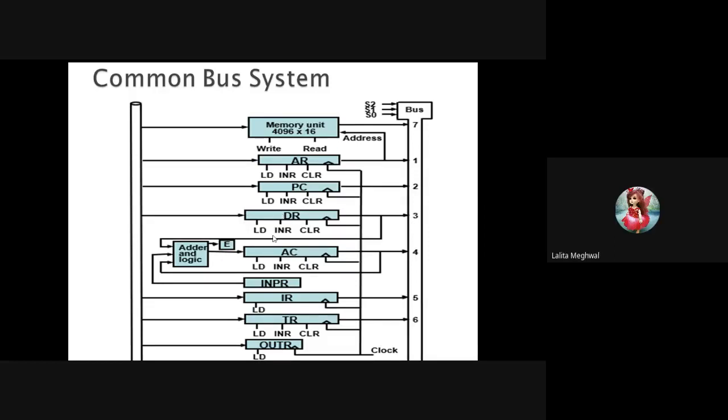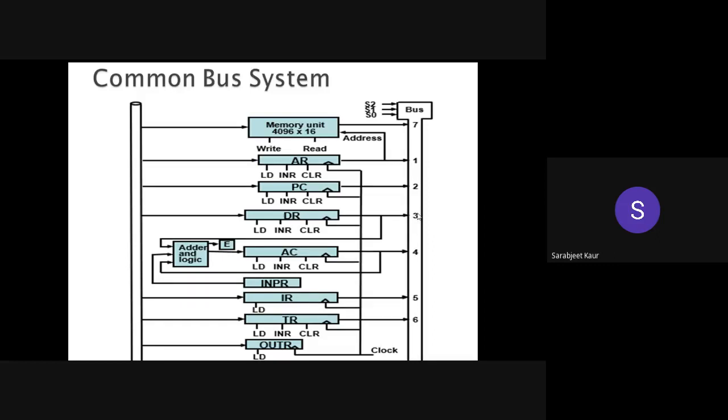That is how the data which is on this bus will go inside the data register. But how will the data of a particular register, let's say in this case DR, be placed on the bus?